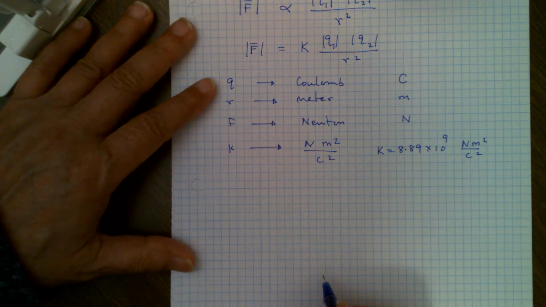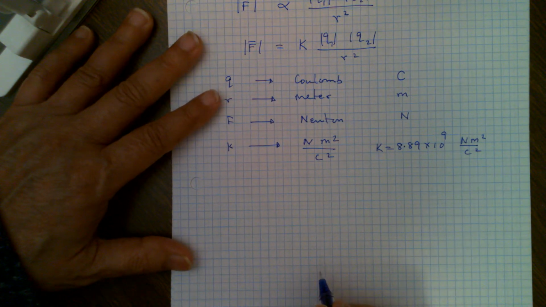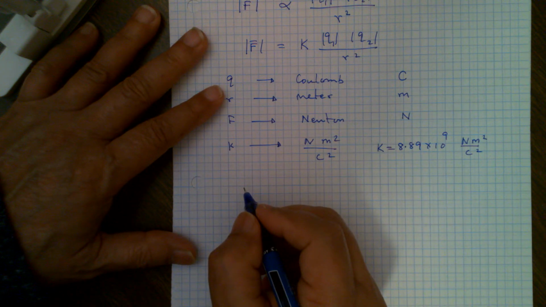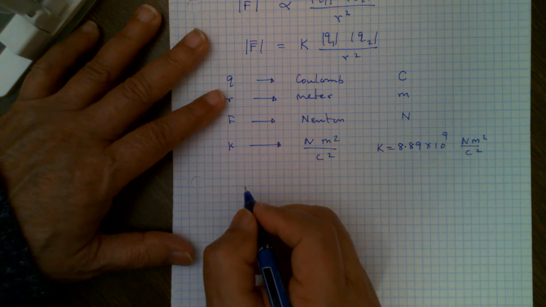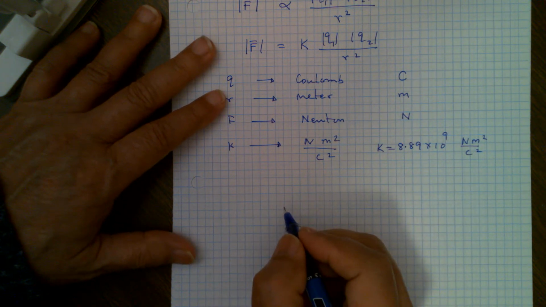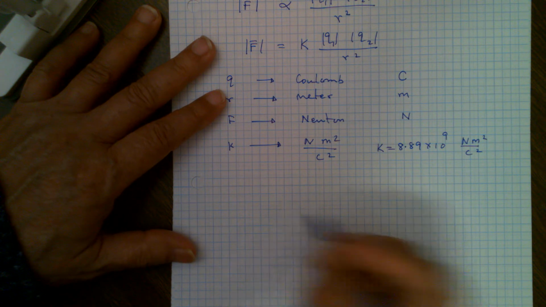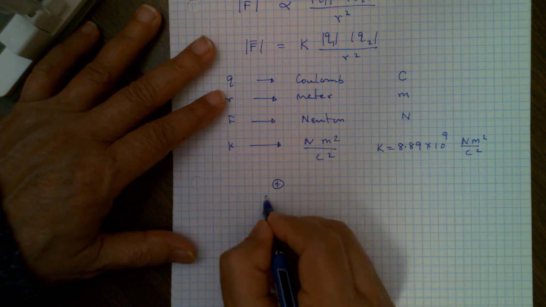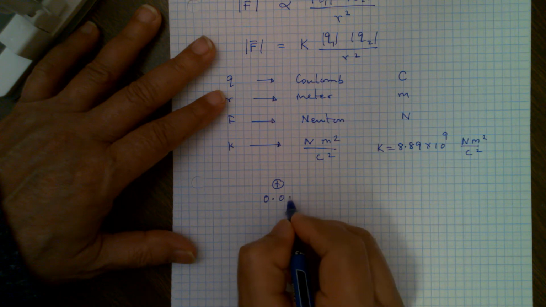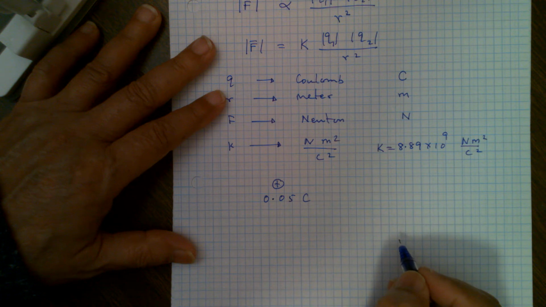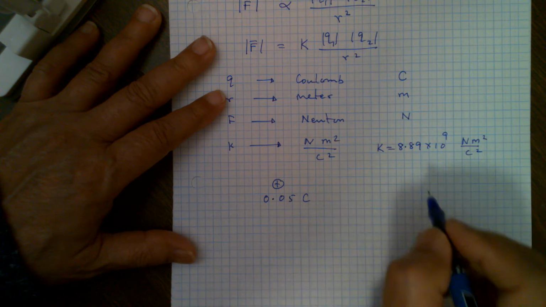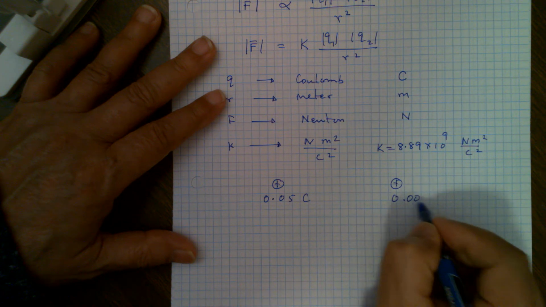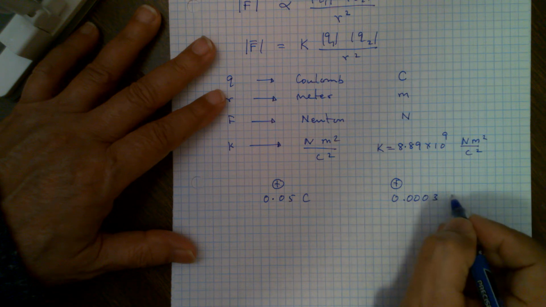Now, let's do an example of how to use Coulomb's law. I'll start with the simplest example: the magnitude of the force between two charges. Let's suppose they are positive charges. I have 0.05 coulomb on this side, a positive charge, and on the other side I'll have 0.0003 coulombs.